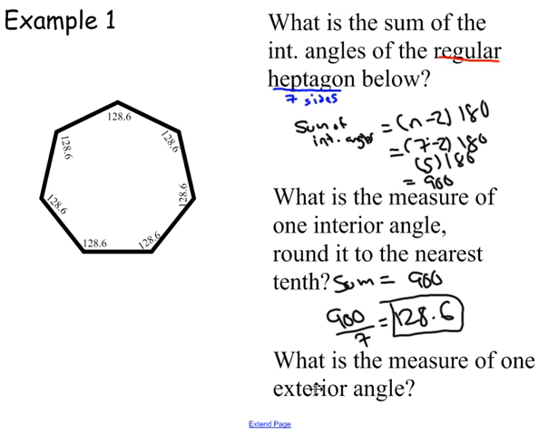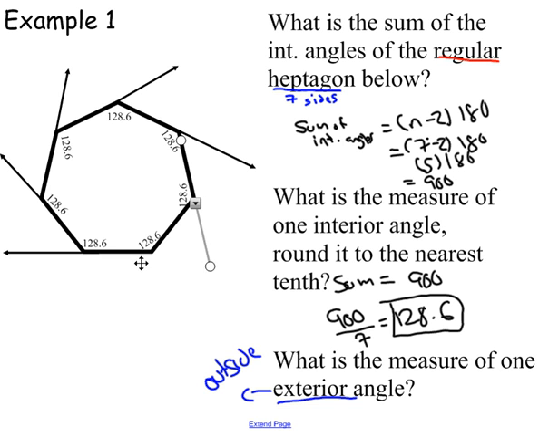Next question says, what's the measure of one exterior angle? So when it says exterior angle, it's talking about outside. So it's necessary for us to draw lines to get exterior angles here in our figure, just so we could visualize how we could find the exterior angle. You'll notice that the exterior angle and the interior angle are supplementary.